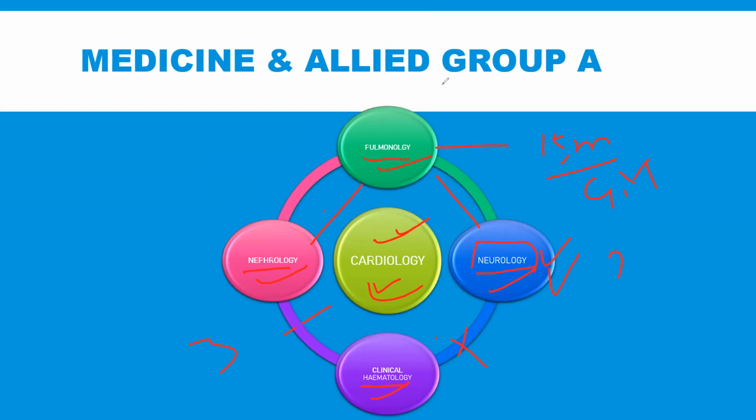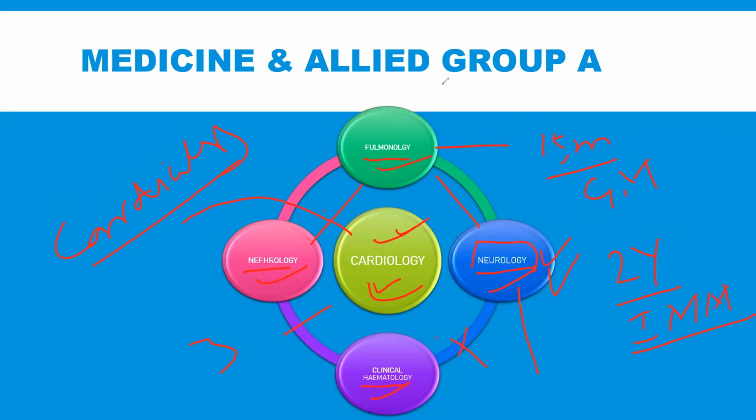Once you complete 2 years of your training before IMM, let's suppose you applied for neurology, but during your training you find that you are more into cardiology. You liked cardiology during your rotation, you are not more interested in neurology, and you want to switch, then you can switch to cardiology after 2 years of training.